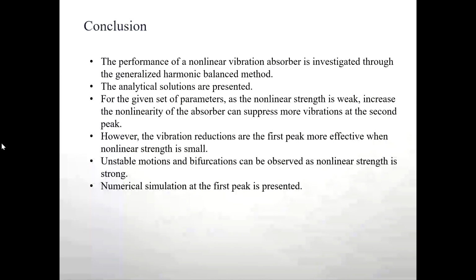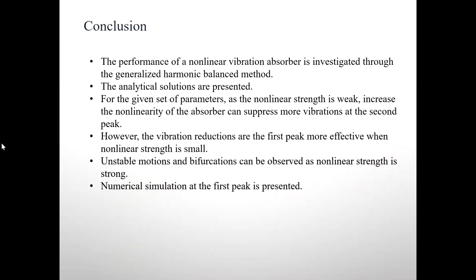In this presentation, the performance of a nonlinear vibration observer is investigated through the generalized harmonic balance method. The harmonic amplitudes of the primary mass and also the observer are presented. Based on the analytical results, the vibration mitigation is more effective around the second peak with the increase of the spring nonlinearities.